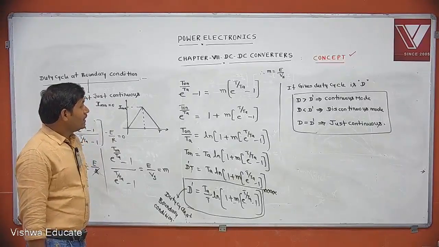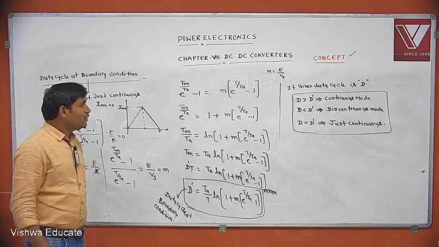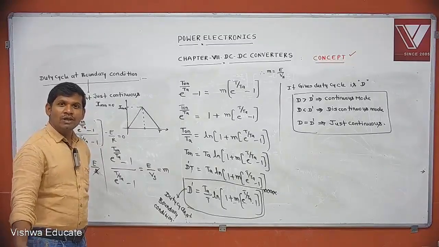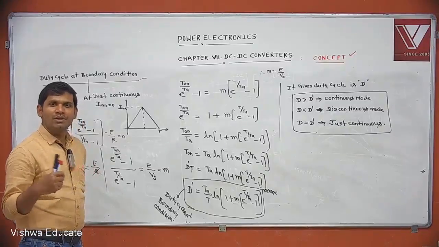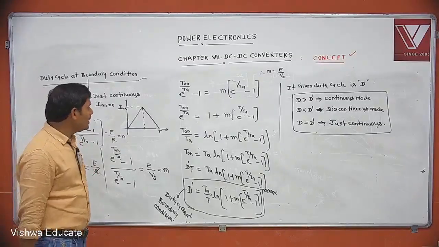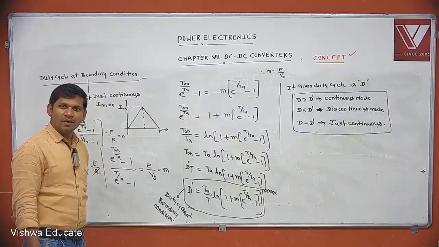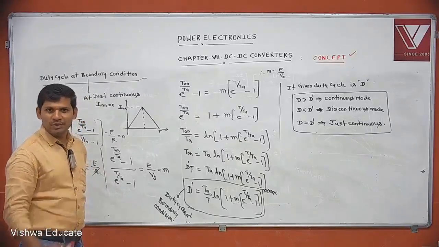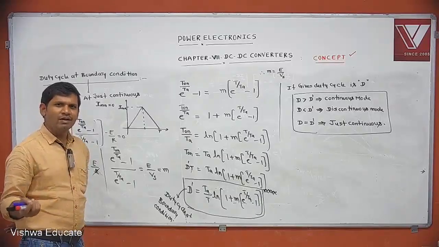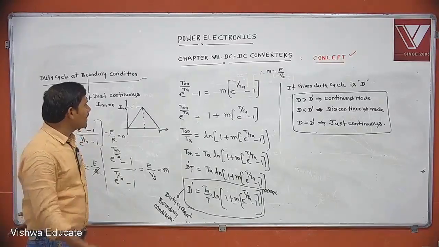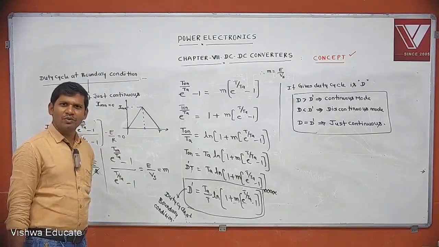And if it is operated in continuous mode, the output voltage is not a constant DC, it is a pulsating DC. Then how to apply the Fourier analysis? I want to discuss these two concepts, along with some observations. With that, the theory of steady state analysis of type A chopper will be completed.